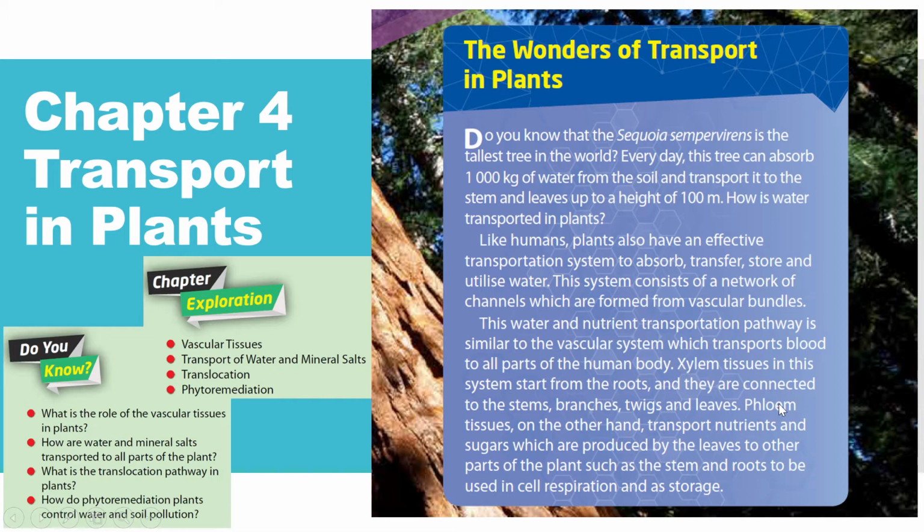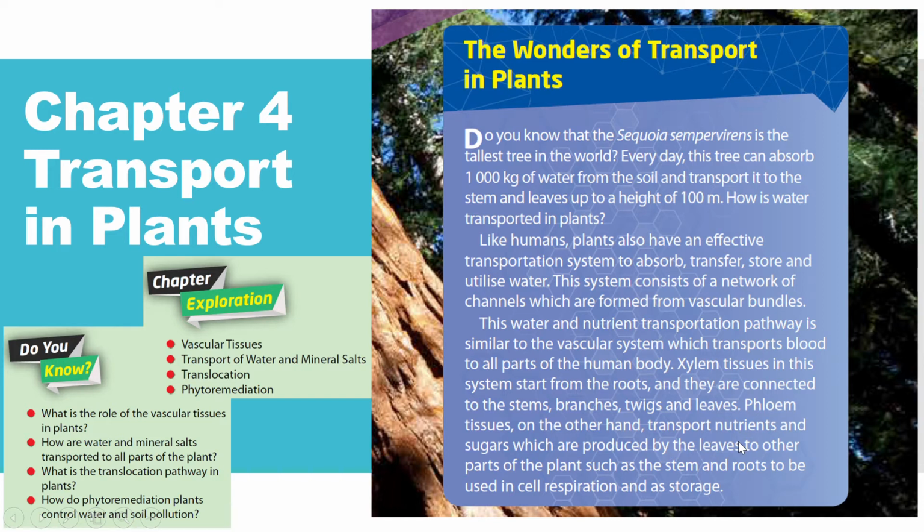But for phloem, they are transporting nutrients, sugars, or in other words, the products of photosynthesis, the organic substances. And we know that the leaves are actually the main organ where photosynthesis is being carried out.